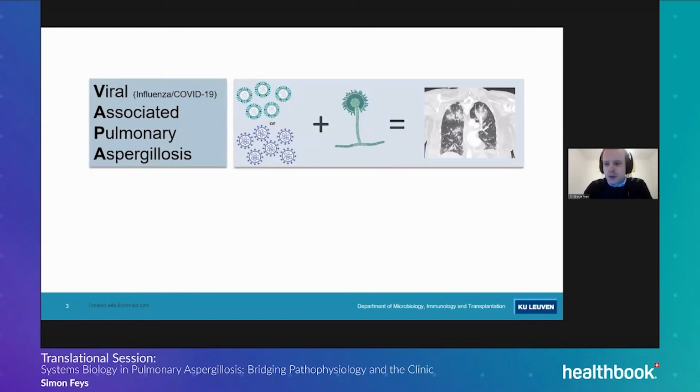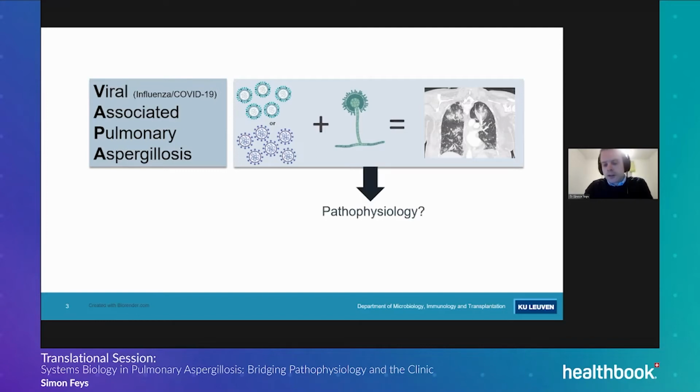I'm going to talk about viral-associated pulmonary aspergillosis specifically. As you all know, VAPA is constituted by influenza or COVID-19 associated pulmonary aspergillosis, or IAPA and CAPA to make things easy, which are severe superinfections with the fungus Aspergillus in patients admitted typically to ICU with severe influenza or severe COVID-19 pneumonia.